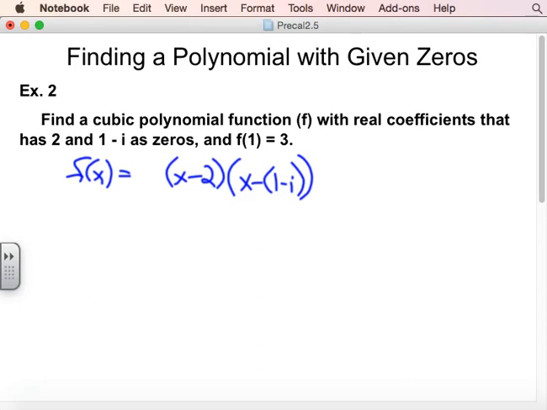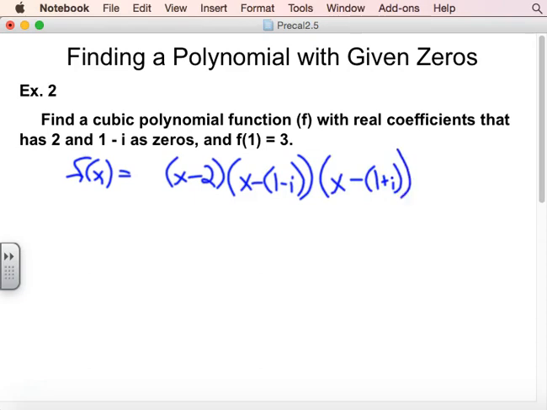Anytime you have an imaginary zero, which we do right here, 1 minus i, the conjugate also has to be a zero. The conjugate of 1 minus i is 1 plus i. So we're also going to say x minus (1 plus i) in parentheses.